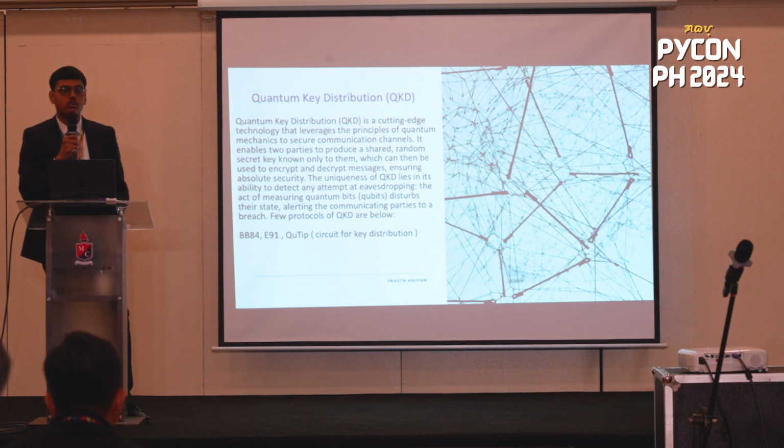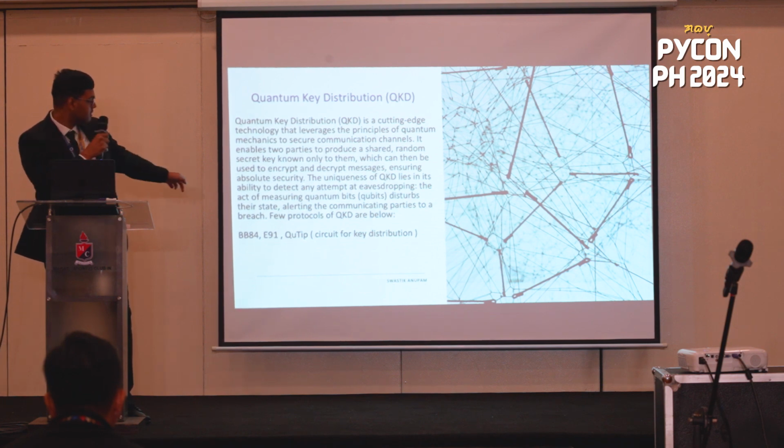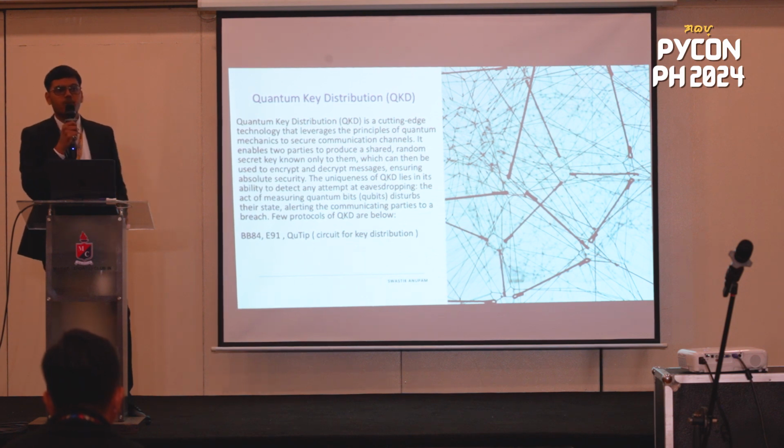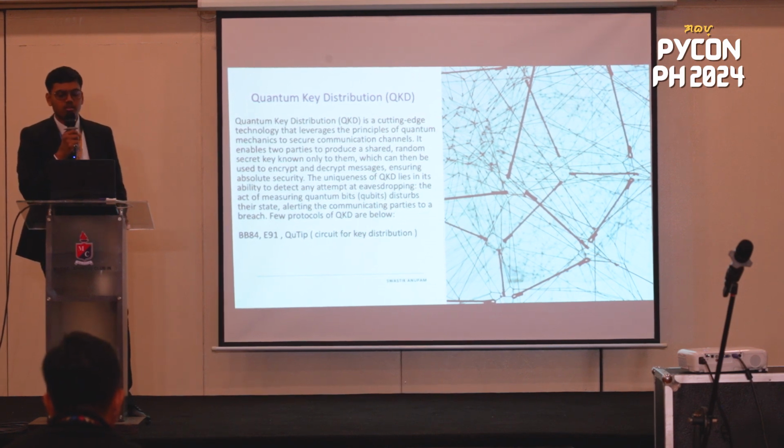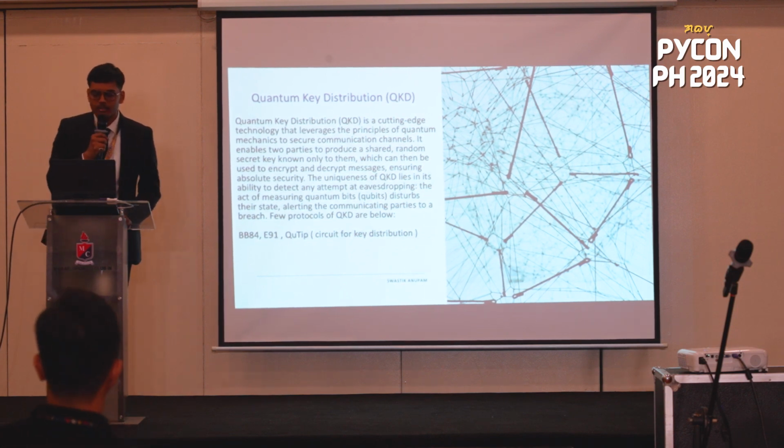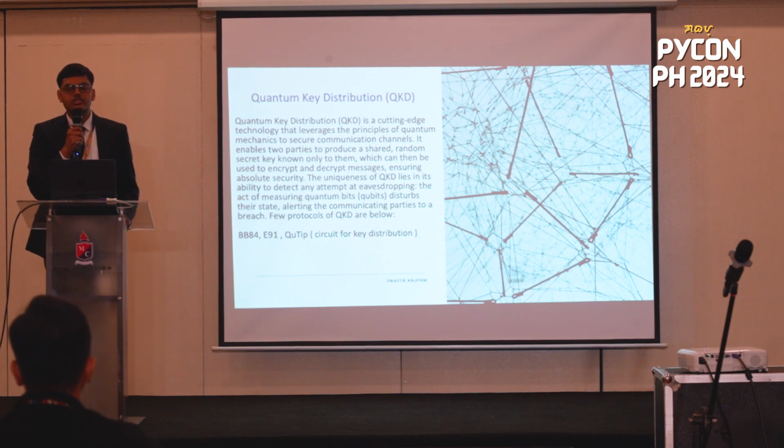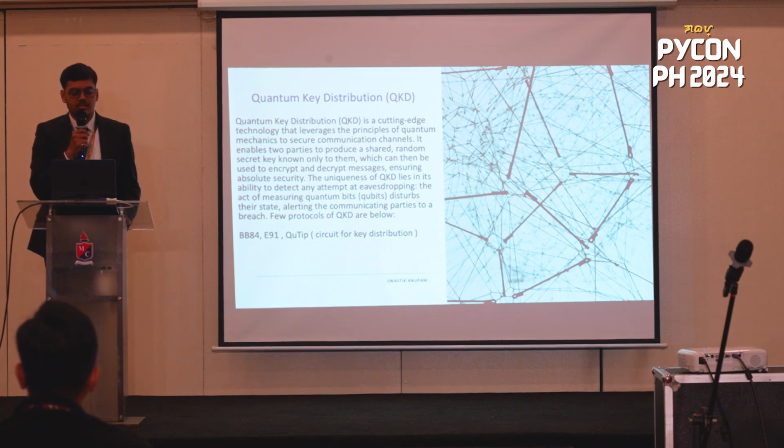Some of the protocols which are widely used in quantum key distribution are BB84, which I mentioned right here. The BB84 protocol is the most widely used protocol. We use BB84 for military network security currently in some military installations in the United States and also in India, as a part of the Quantum Internet Alliance.